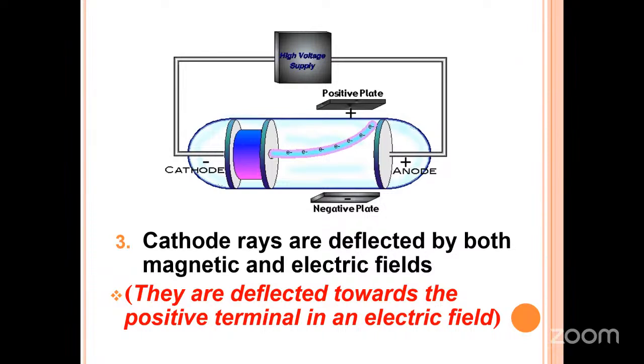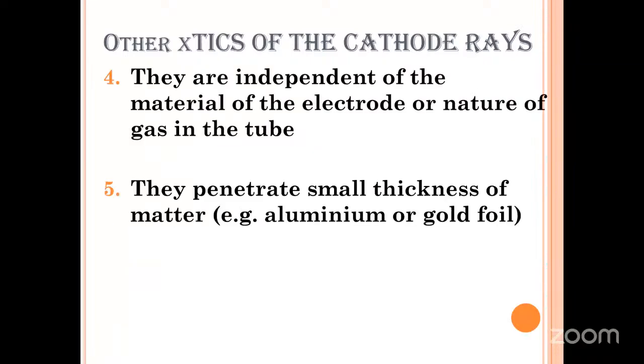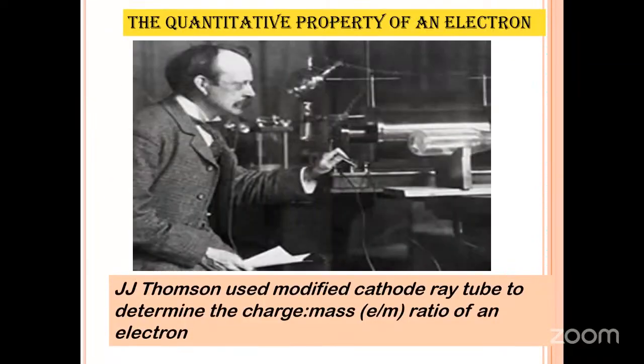Okay, I'm not going to bother myself too much about what we did last week, since we are way far behind. So today we are going straight to the quantitative property of an electron, beg your pardon. Last week we looked at the qualitative characteristics. It was not quantitative, there was no number, no fact and figure attached to it.